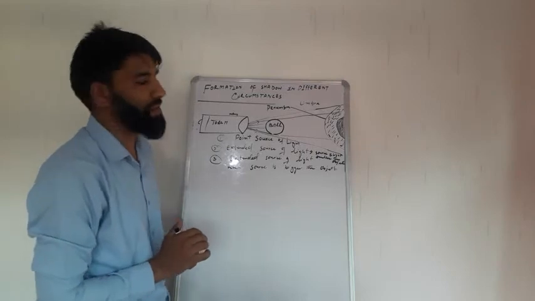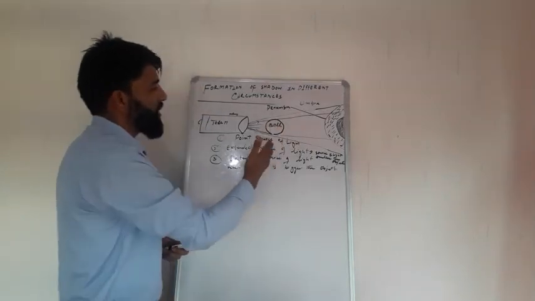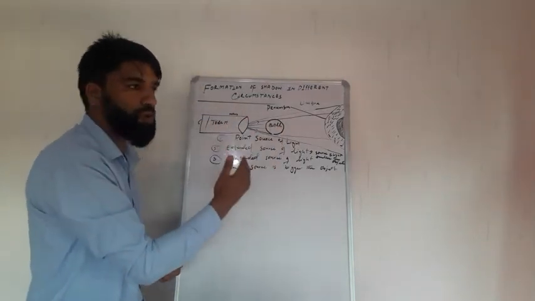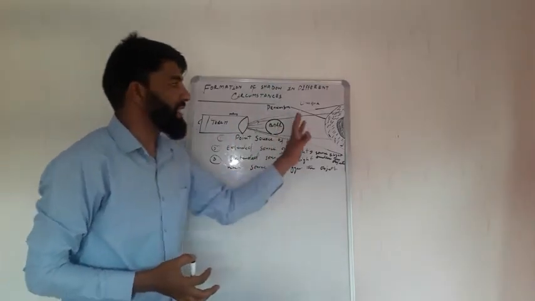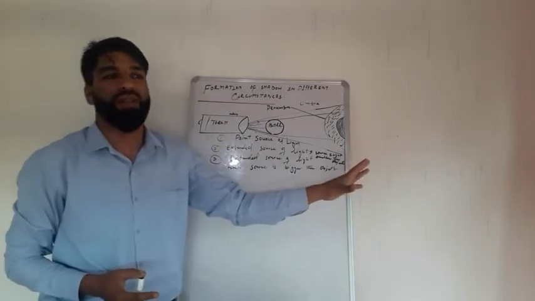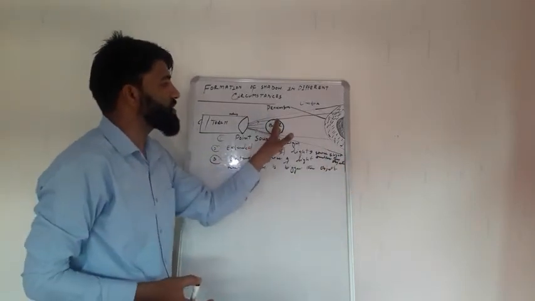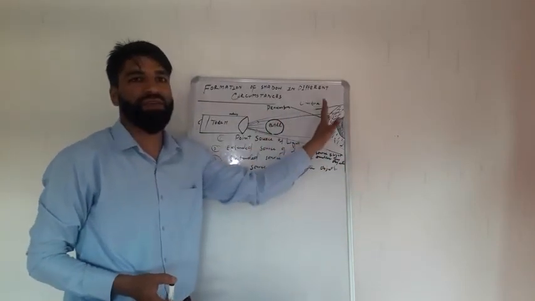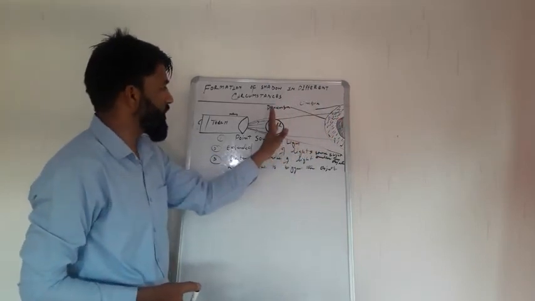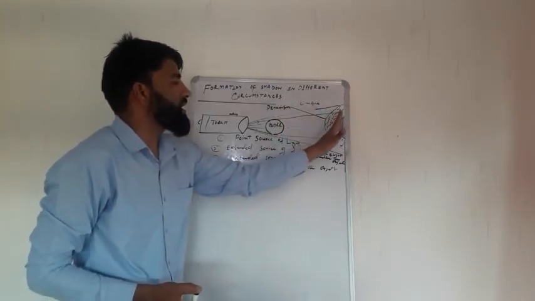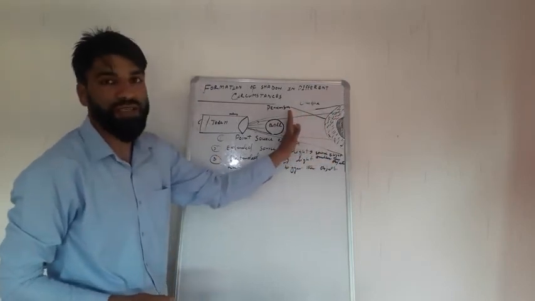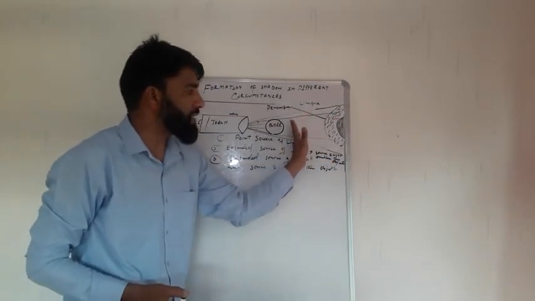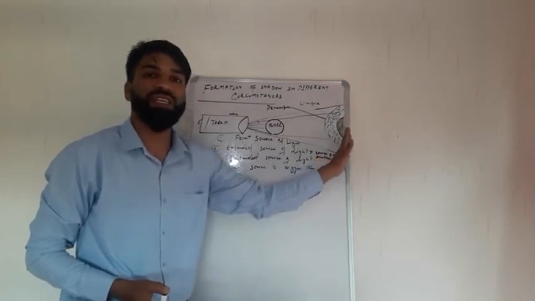Now, if this object is brought very close to the source of light, then the shadow will be very small. If the screen is brought towards the object, then the shadow that gets formed on the screen will be smaller.